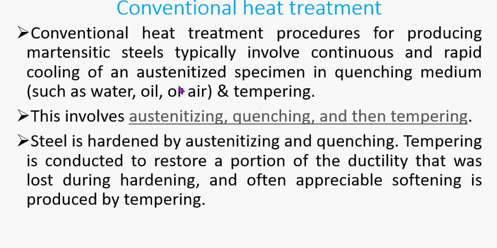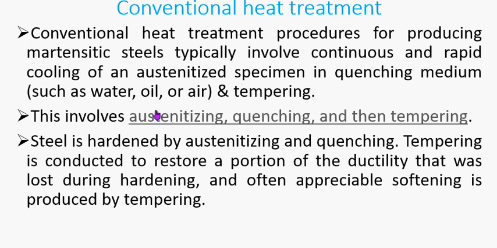And rapid cooling, unlike during the annealing process, is done with an expedited medium, either water, oil, or fast moving air. We remember that during the annealing process, it is allowed to cool under normal atmospheric cooling conditions. So let's look at each of them.